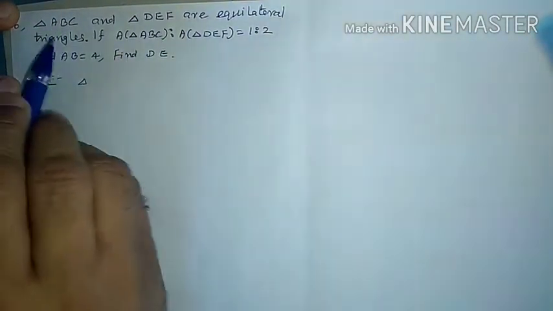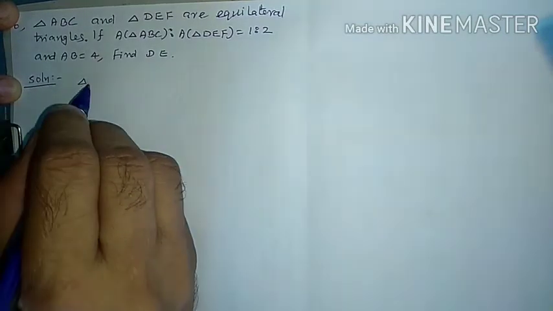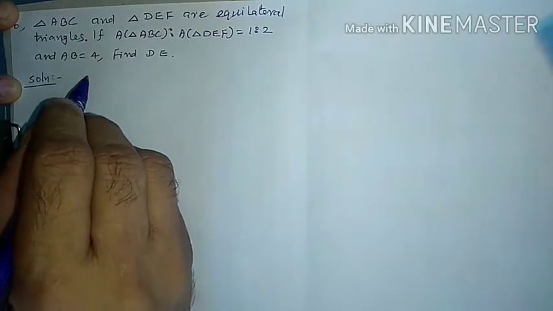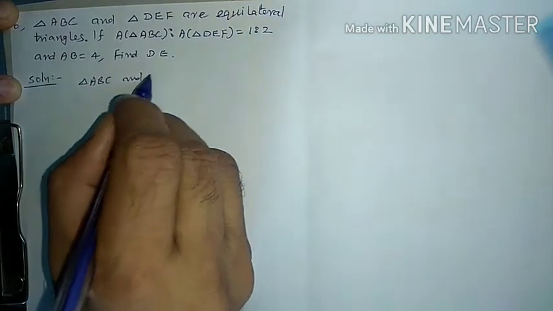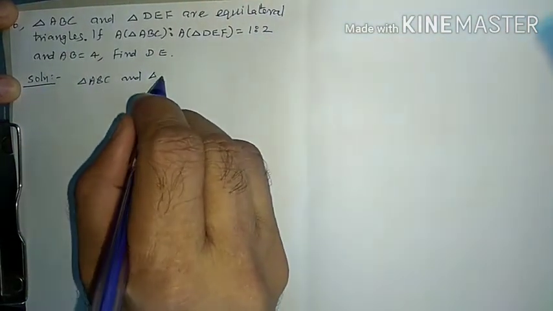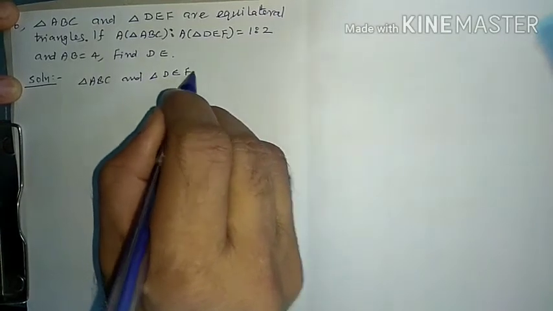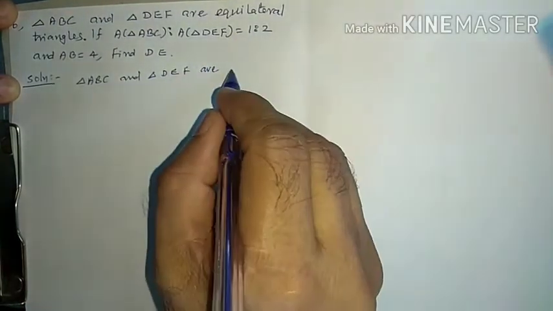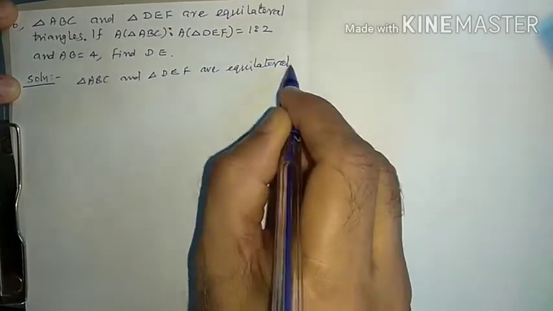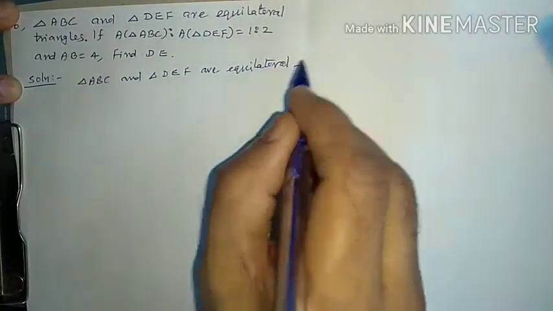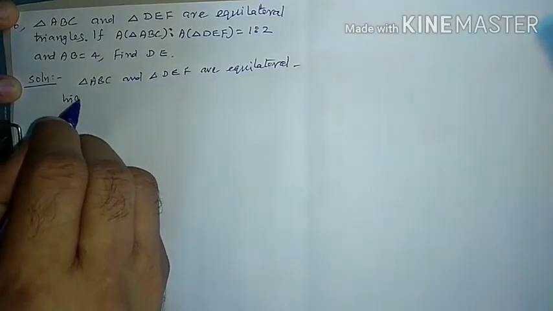Given what? Triangles are similar. Triangle ABC and triangle DEF are what? Equilateral triangles.